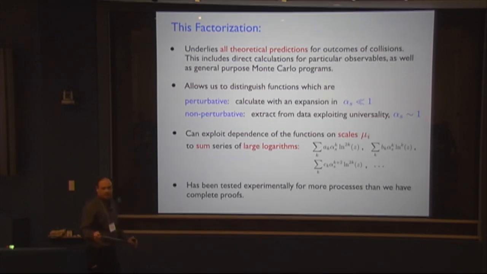This kind of factorization underlies all the predictions that we make for collisions at the LHC, whether we make them by directly calculating with these factorization theorems or using more sophisticated or complicated Monte Carlo programs, which usually are lower precision but can calculate any observable you want. They're all based on this idea of factorization. There's an important thing that comes out of this, which is the separation between the strong dynamics and the weak dynamics.